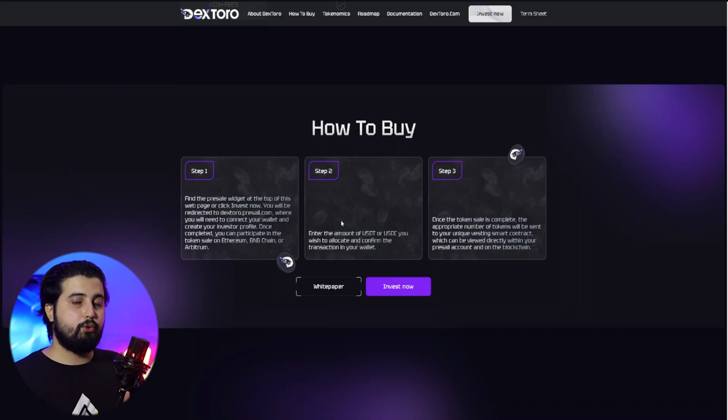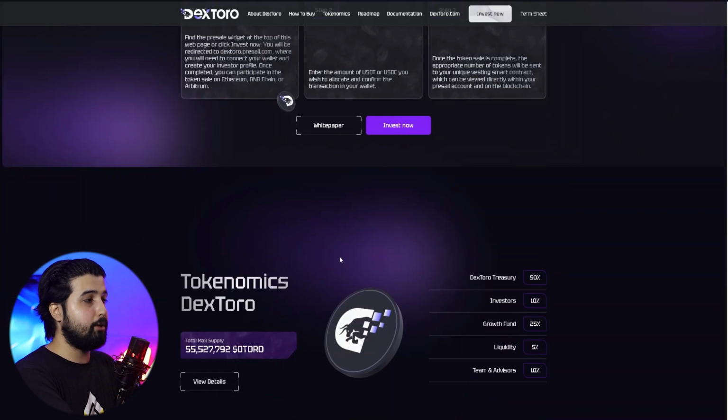The next step is choosing the amount of USDT or USDC that you want to use to buy the tokens in the particular round, and then you're going to proceed with the transaction. Once the token sale is complete, the appropriate number of tokens will be sent to your unique vesting smart contract, which can be viewed directly within your pre-sale account and on the blockchain.